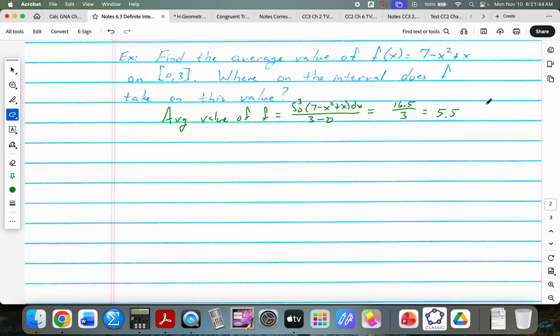So that's the average value of that function, which when you think about it is pretty cool, because normally when we think about finding averages, we think about adding a whole bunch of numbers together and then dividing by how many there are. This lets us find out the average of something where there's an infinite number of points. I think that's cool. All right. And then we're going to let 7 minus x squared plus x be equal to 5.5. That should happen at least once.